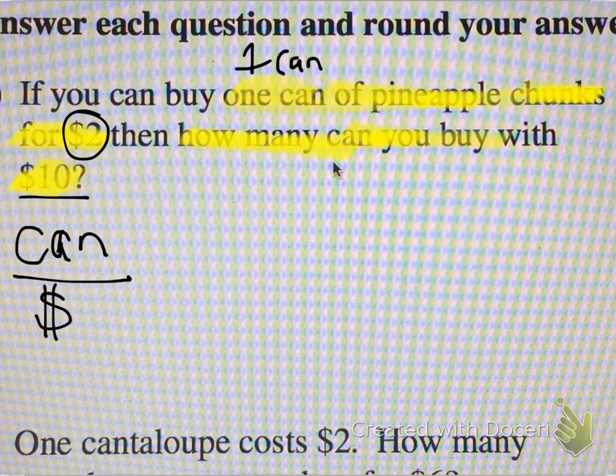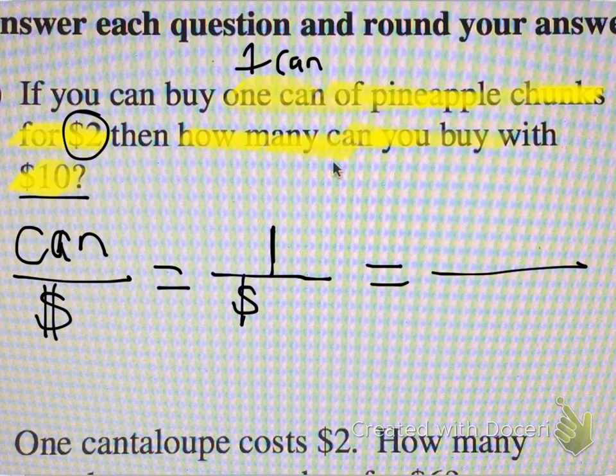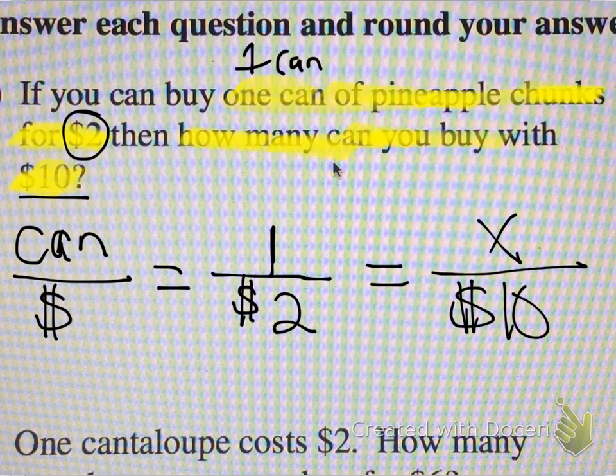Now that I have written my 2 units out, I can write my 2 ratios. My first ratio says that every 1 can is going to cost $2. And they want to know if I had $10, how many cans can I buy? So I'm going to put the 10 where there's dollars, and I'm going to put an X for cans because I do not know how many cans I can buy with $10 yet.